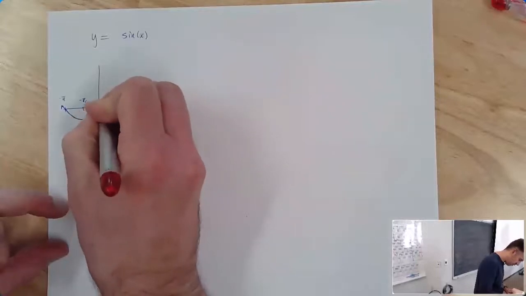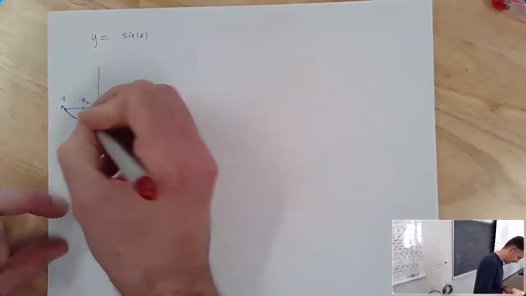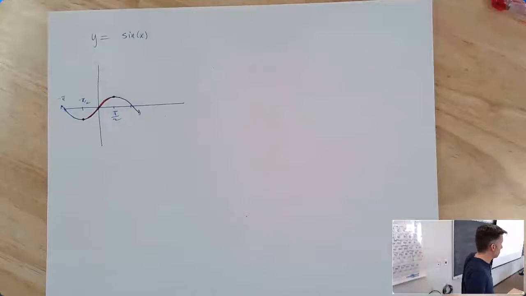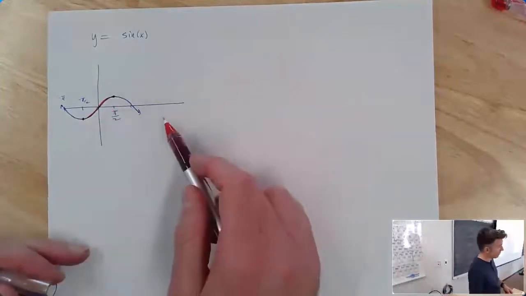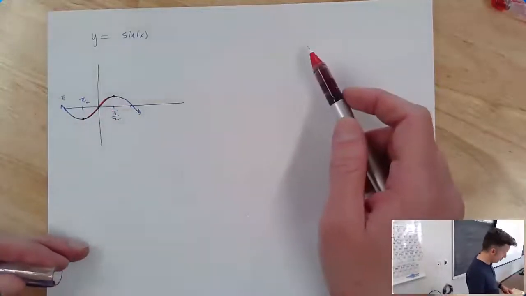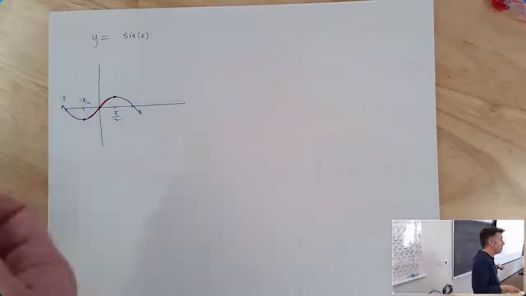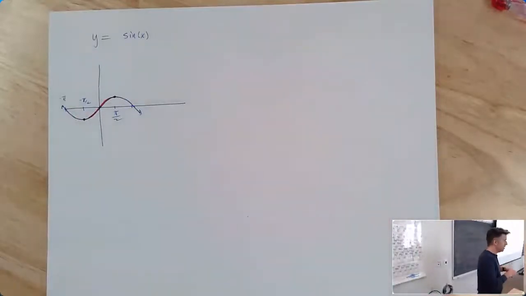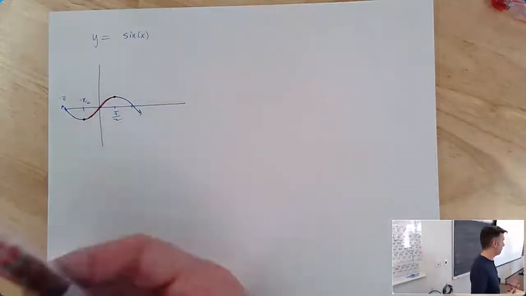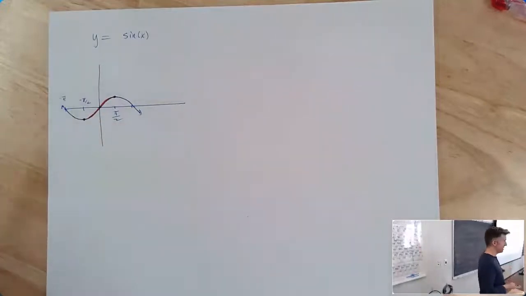Now, you might ask, and you would be right to ask, why did we choose this section? There are lots of other equally good sections that are also 1-to-1. You get to pick pi over 2 to 3 pi over 2, or 3 pi over 2 to 5 pi over 2, or negative 3 pi over 2, right? There's a lot of good choices. Why do we choose this? I don't know. I can make some good arguments. We typically choose the first quadrant from 0 to pi over 2 because it's easy, right?